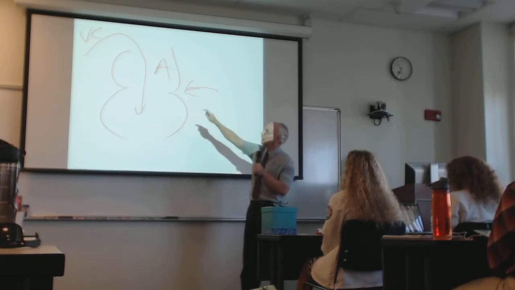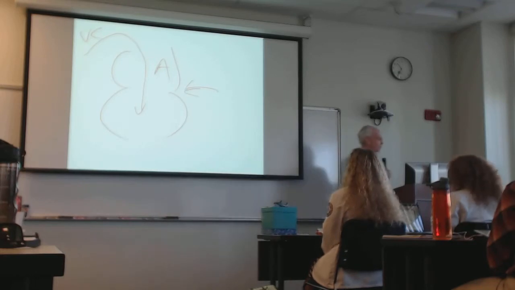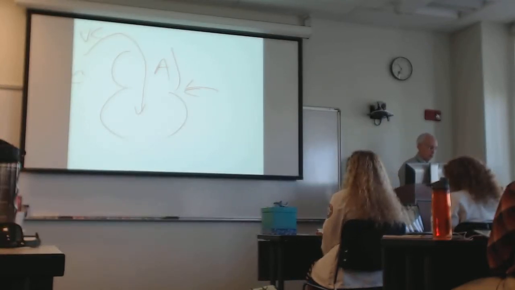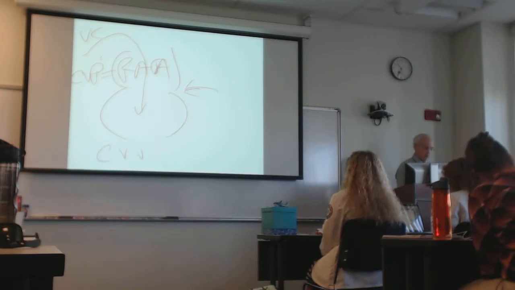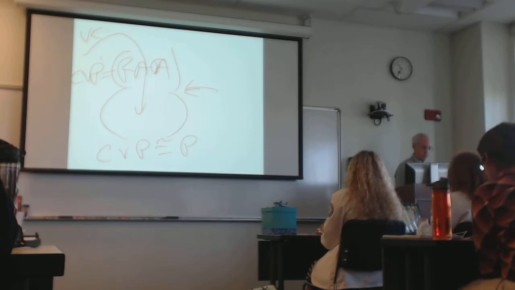And by the way, this pressure, strictly speaking, as we're going to learn later, is called central venous pressure. This pressure and this pressure should equal RAP. So what we're saying is CVP should be proportional to RAP.